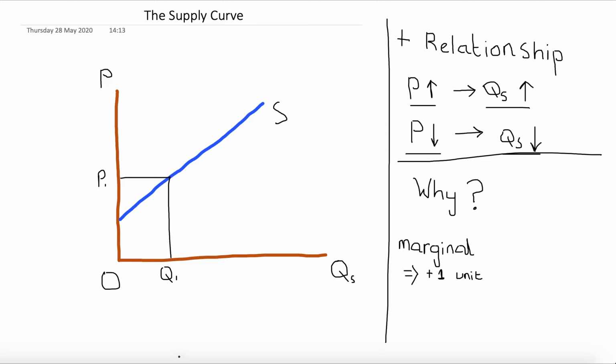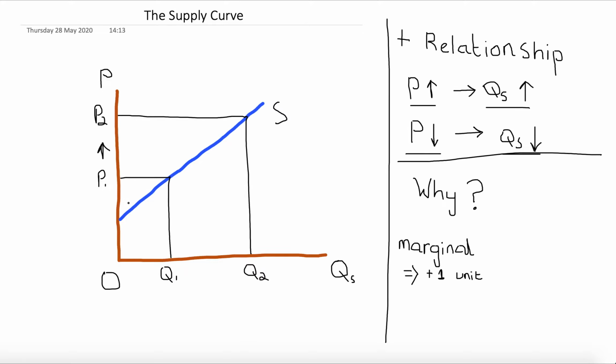So Q1. If the price were to increase to P2, we do the same thing where we come across, we hit the supply curve, and from here we come down. We hit our Q, or our x-axis, our quantity axis, and we get Q2, okay?